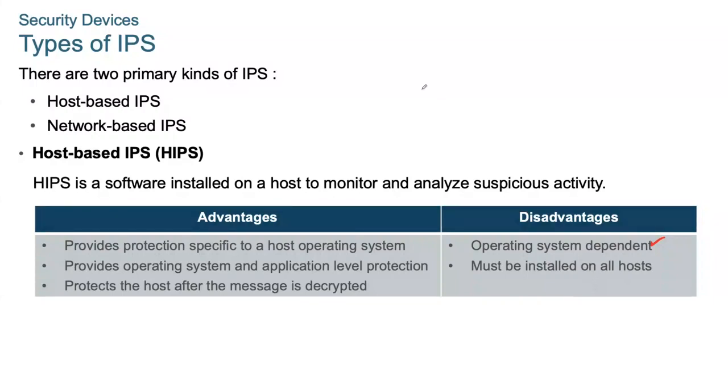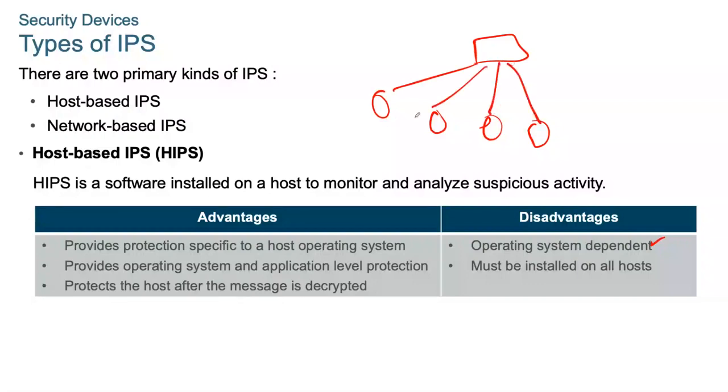If your network has, suppose, n number of hosts all connected to a single switch, you need to install the host-based one on every system. That is another disadvantage. Some systems may have Windows, some may have the Unix operating system.